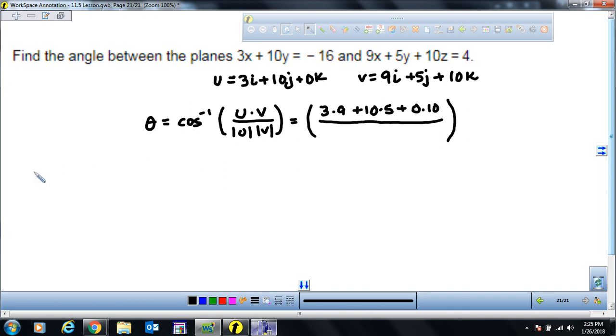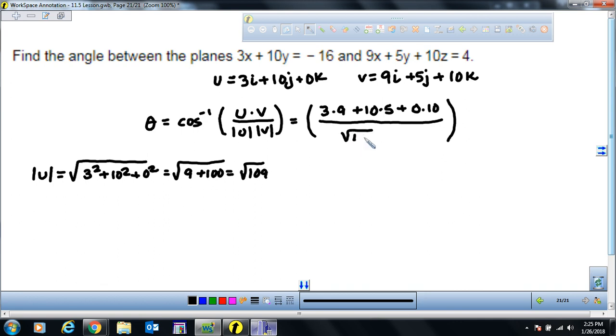Let's go ahead and get the magnitudes of each one right here on the side. The magnitude of u would be the square root of 3 squared plus 10 squared plus 0 squared, which is 9 plus 100, which is 109. And the magnitude of the vector v is going to be the square root of 9 squared plus 5 squared plus 10 squared.